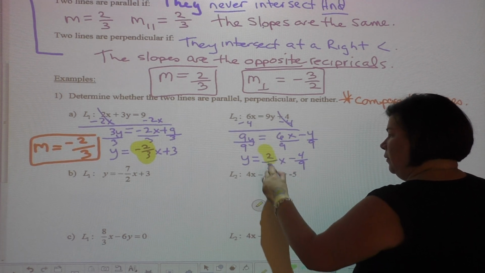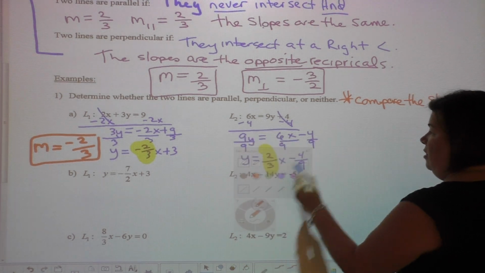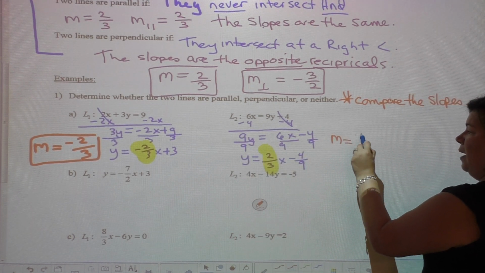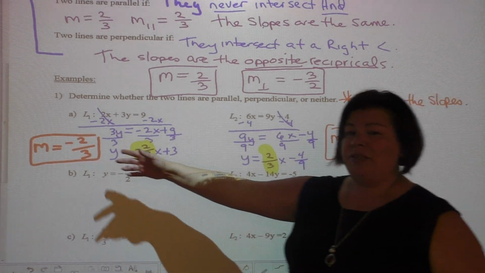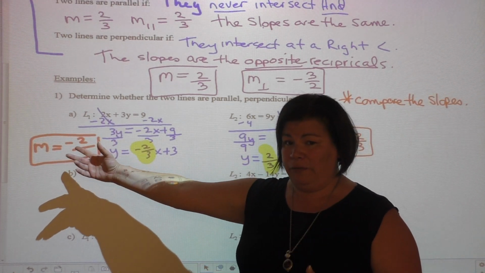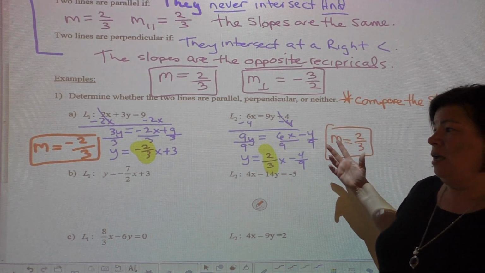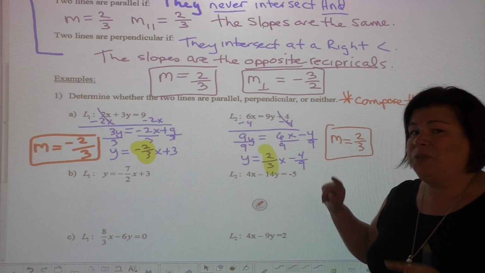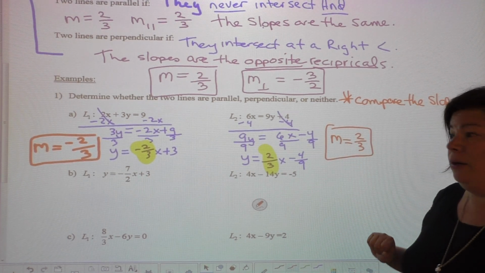So if you compare the slopes, in this case the slope is positive 2/3. Let's look at that carefully. This line has a slope of negative 2/3. This line has a slope of positive 2/3. They are opposite signs, but they're not reciprocals of each other. So they're not perpendicular.